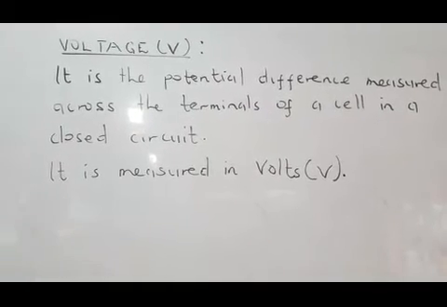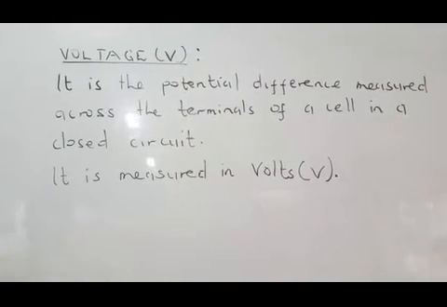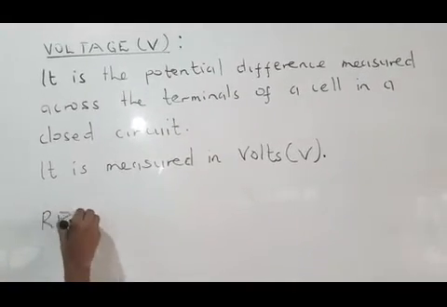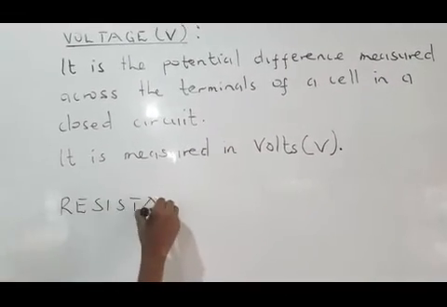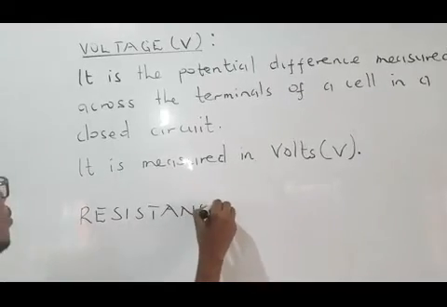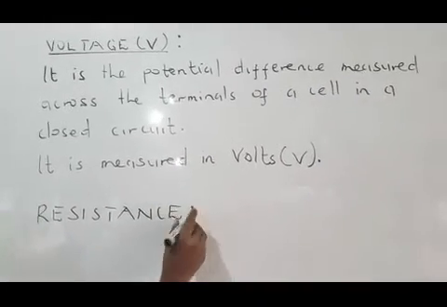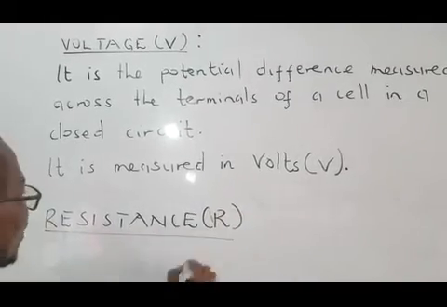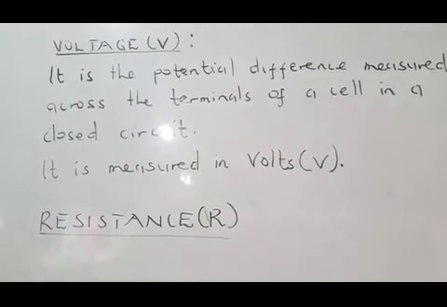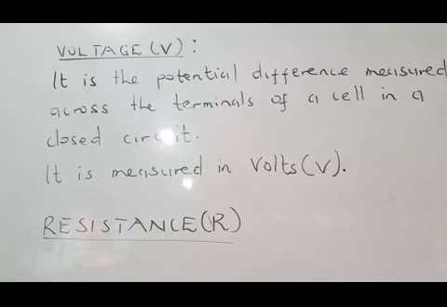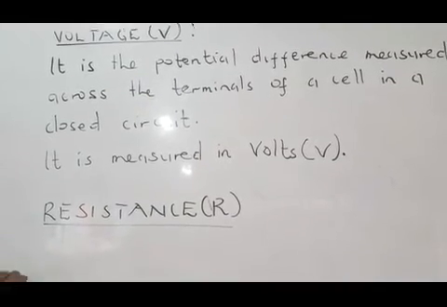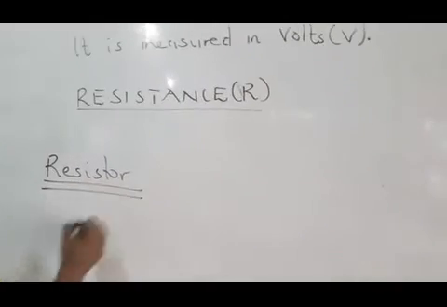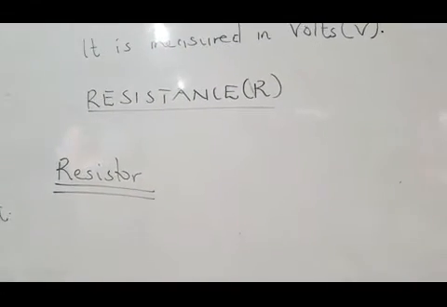The last definition we're going to look at is resistance. Resistance is represented as R, big R. When we're looking at the components of a circuit, we came across resistor. And I said that this resistor measures resistance.